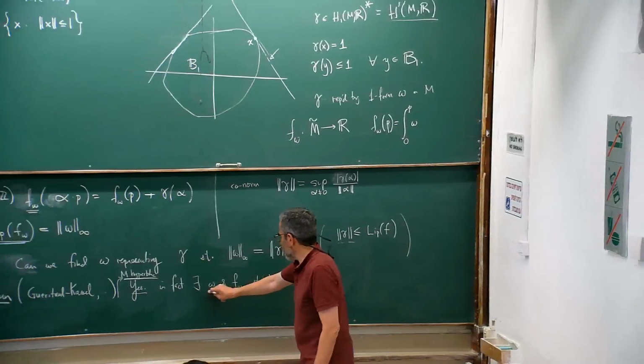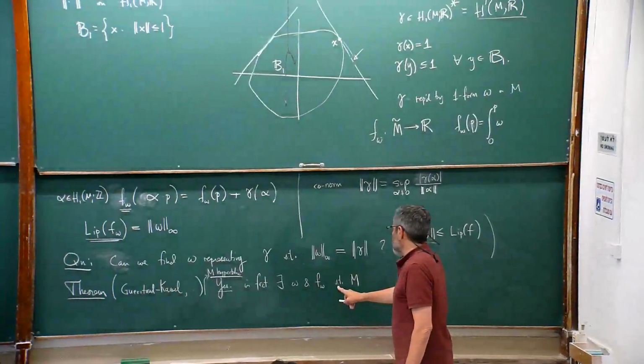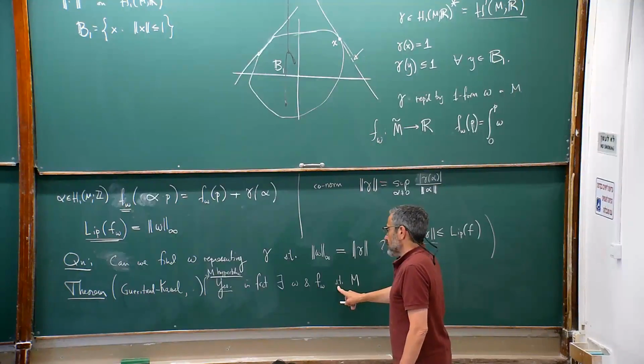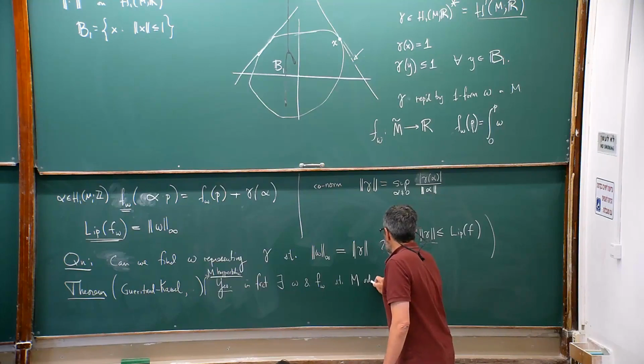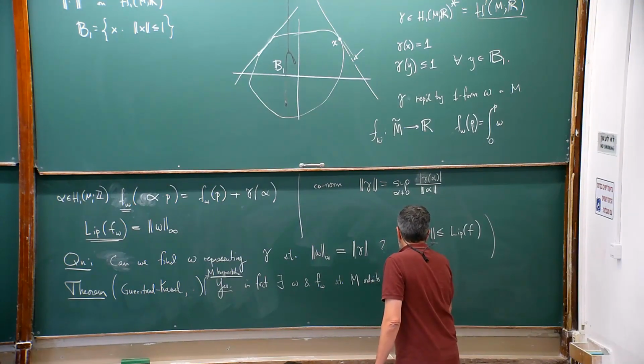So there is a one form and a corresponding map such that M admits a geodesic lamination. And so now we're back to what we talked about two or three days ago.